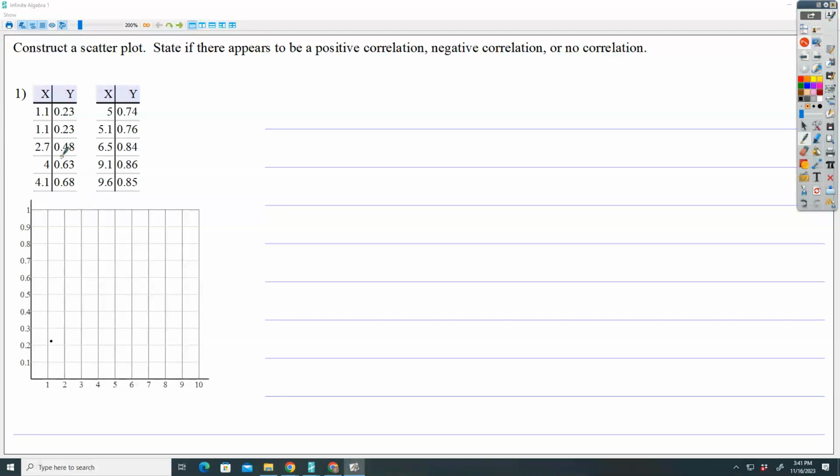Same spot, 2.7 and 0.48 would be about here. 4 and 0.63 would be about here. 4.1 and 6.8, just a little bit higher than that. 5 and 0.74 would be somewhere in there. 5.1 and 7.6 we'll say is there.